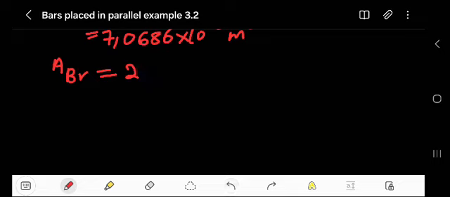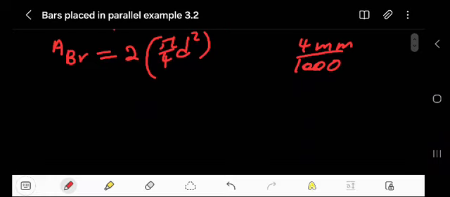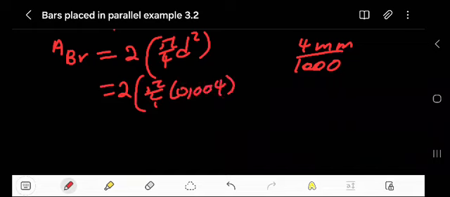That area is pi over 4 multiplied by d squared. We know it was 4 millimeters, which we divide by 1000 to be in meters. So this will be 2 multiplied by pi over 4, and the diameter will be 0.004. You square this. Don't forget to do it like this so that you multiply accurately.